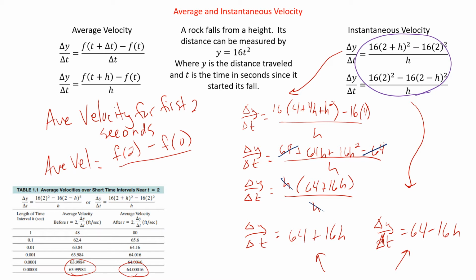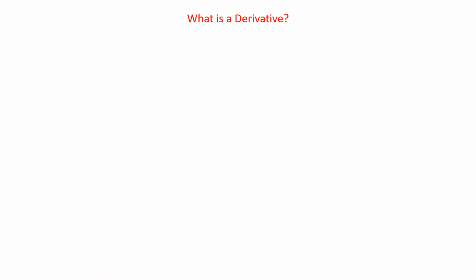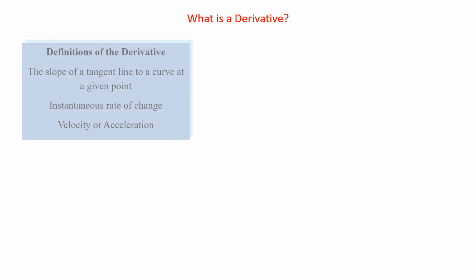But we can get really, really close to 0, and the upper and lower bounds are getting closer and closer. And what that is, so what is a derivative? Derivatives have some meaning. Derivatives can be the slope of a tangent line to a curve at a given point, instantaneous rate of change, velocity or acceleration, depending on what we're talking about.